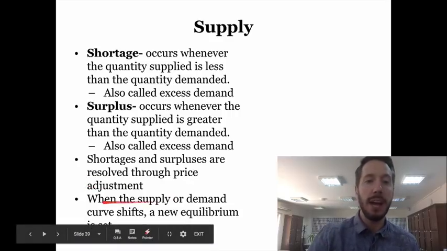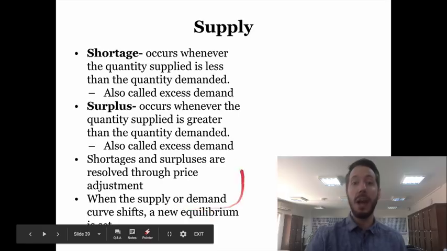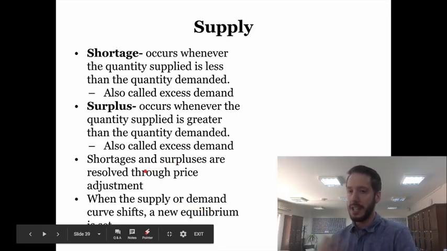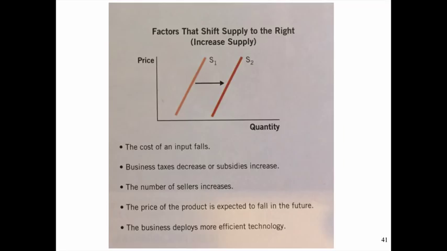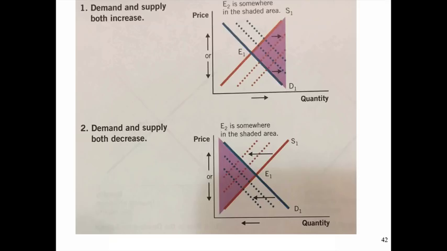Now, when the supply or demand curve shifts, you'll have a new equilibrium because conditions have changed for that. So again, I'm not going to read these. You can just pause this and read this. You are intelligent AP students. We've already mentioned this. And you could do the same for this video. Just pause it.